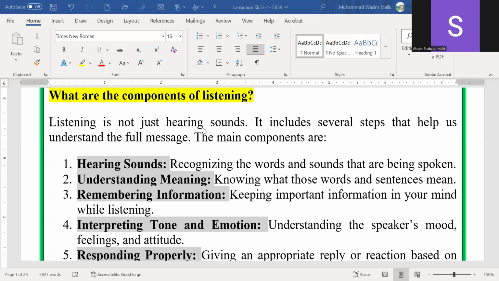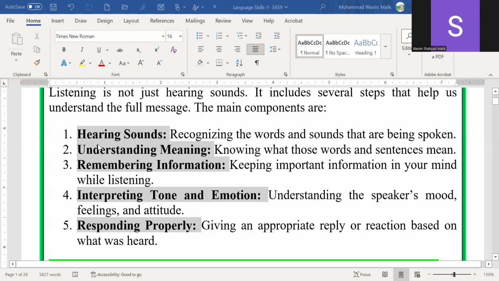Listening is not just hearing sounds. It includes several steps that help us understand the full message. The main components are: number one, hearing sound. So what is hearing sound? It is recognizing the words and sounds that are being spoken.